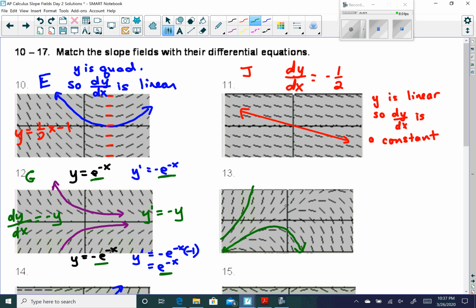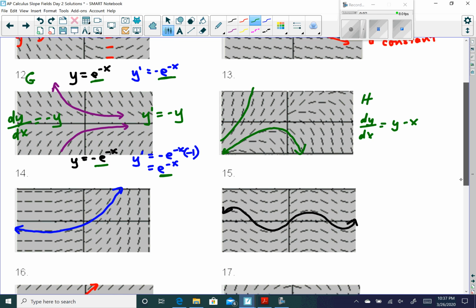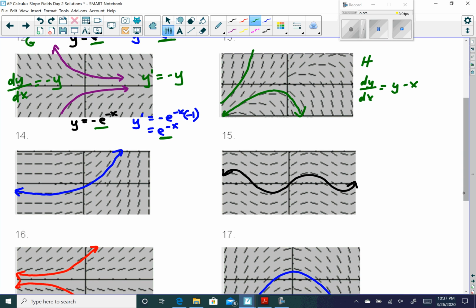And if you look at our choices here, the only option that has that is h. So that dy over dx is equal to y minus x. This we would need our calculator to help us solve and graph that differential, or graph the function from our differential equation here. So even if you saved 13, maybe you went through and tried all the others and then process of elimination, that is perfectly fine.